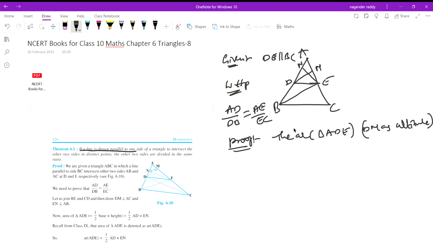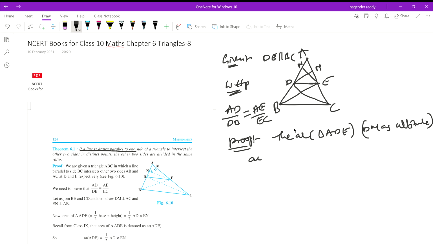Listen here carefully. This DM is an altitude of ADE as well as of DEC, because we know from previous classes that the altitude can be inside or outside of the triangle. So let us assume that DM is the perpendicular, or altitude, of triangle ADE or DEC. Now I'll go with that.